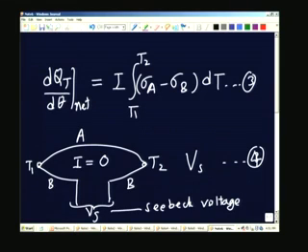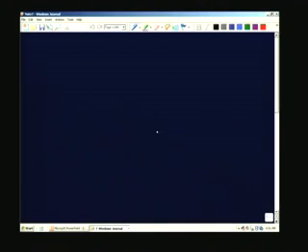A voltage will appear, and therefore, this voltage must be related to the two effects we had earlier.